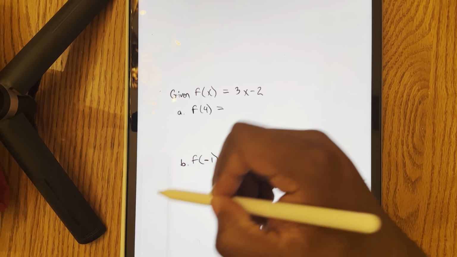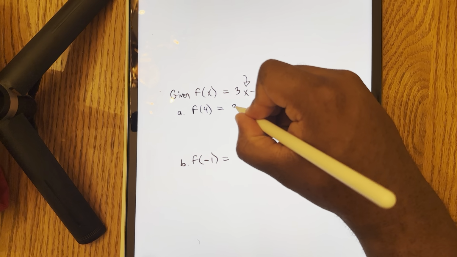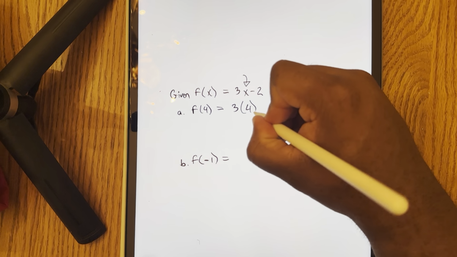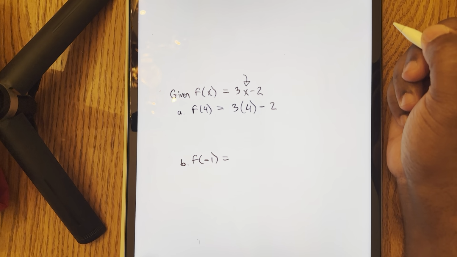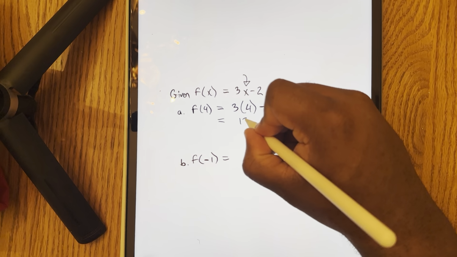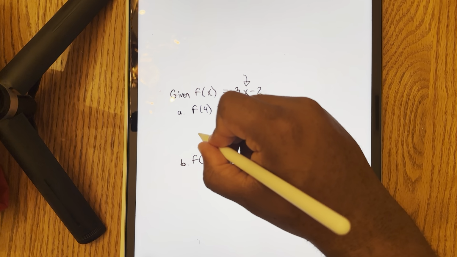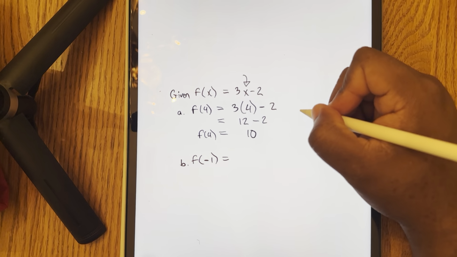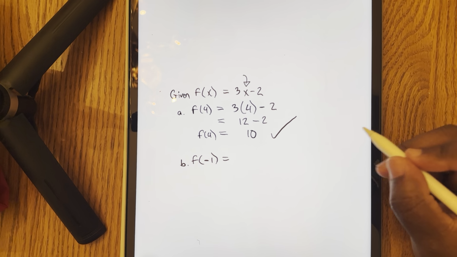So anywhere I see an x in my function, I need to replace it with a 4. So I would do 3 times 4 minus 2, because the 3 and the x were multiplying each other. So 3 times 4 minus 2 gives me 12 minus 2, which gives me 10. So f of 4 is equal to 10, and I would be done with my problem at that point.